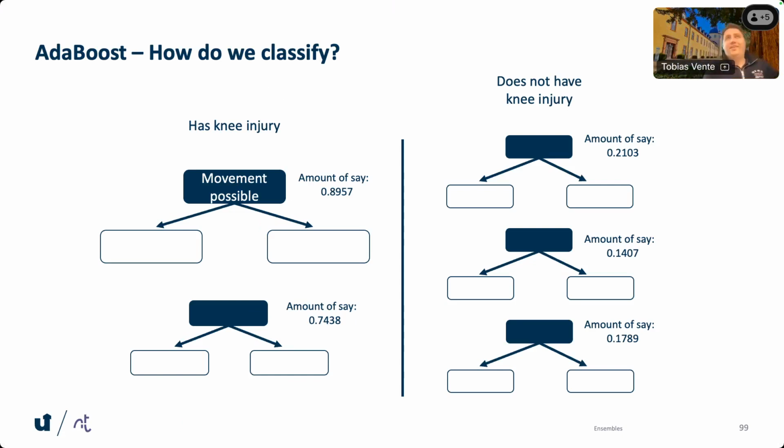It's not clear. So here you have the tree, and it has an amount of say of 0.8957. And let's assume this one has an amount of say of -3. Then the total sum would be negative here.